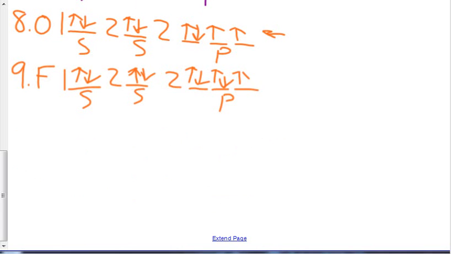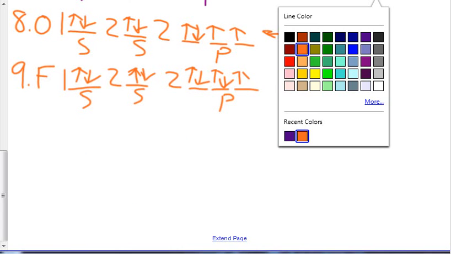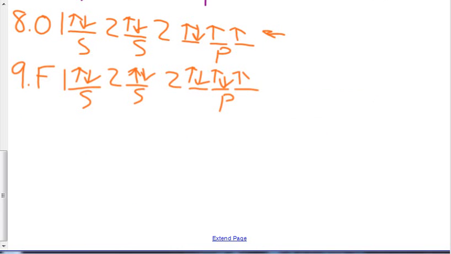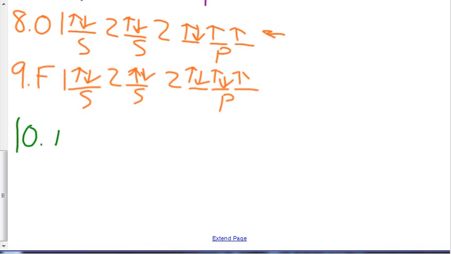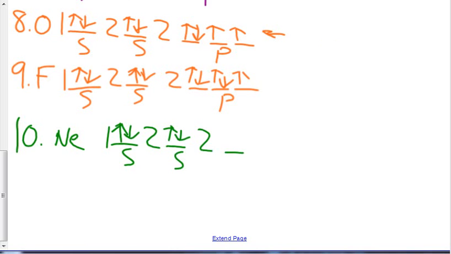Lastly, we get to atomic number 10. And that's a terrible color. And let's do kind of a funky green. Atomic number 10, neon, 1s2, 2s2, 3 orientations for p, 1, 2, 1, 2, 1, 2.